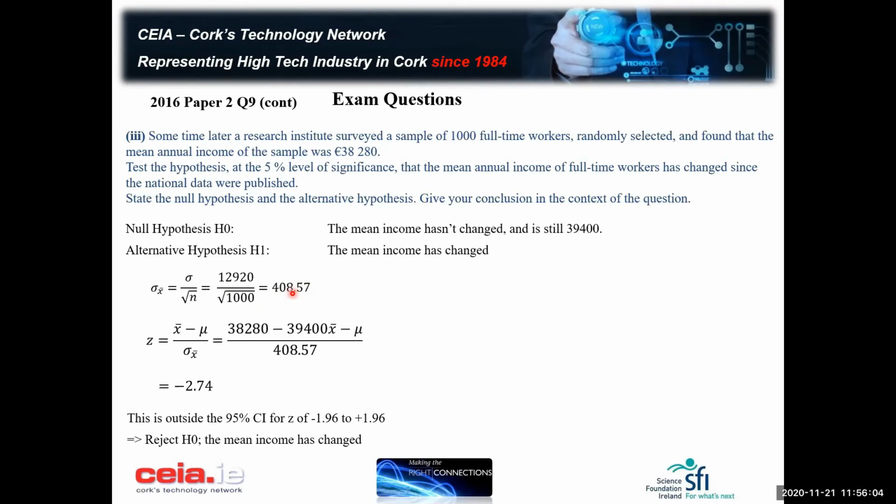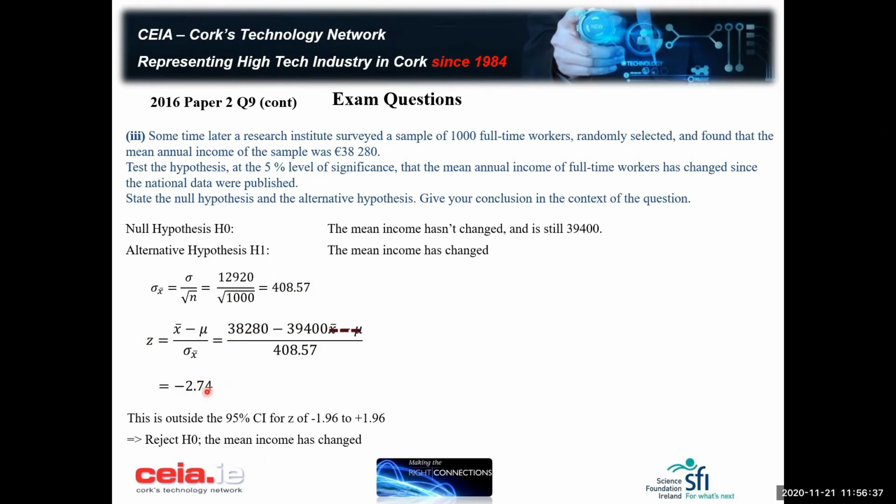And then we can see how far our sample mean is from our original population mean in terms of a Z-score. Sorry, again, I've got a typo here. It's just this number minus this number divided by 408. And we find that the Z-score is minus 2.74.